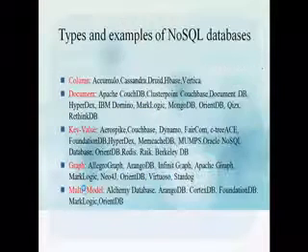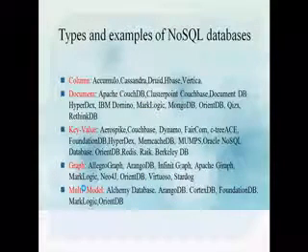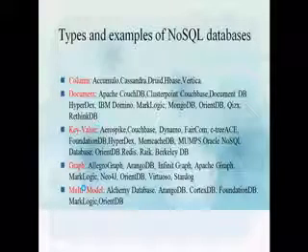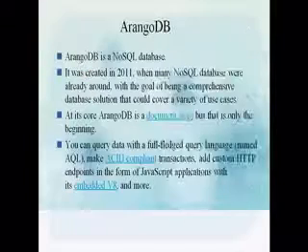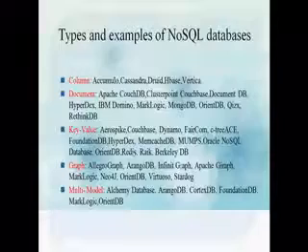Now we will discuss the types and examples of NoSQL databases. Mainly there are five types: column, document, key-value, graph, and multi-model.